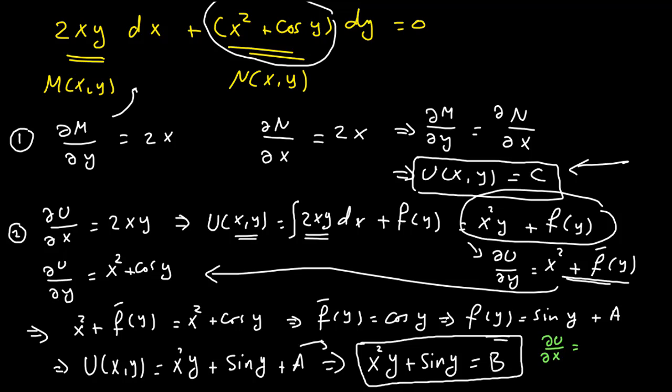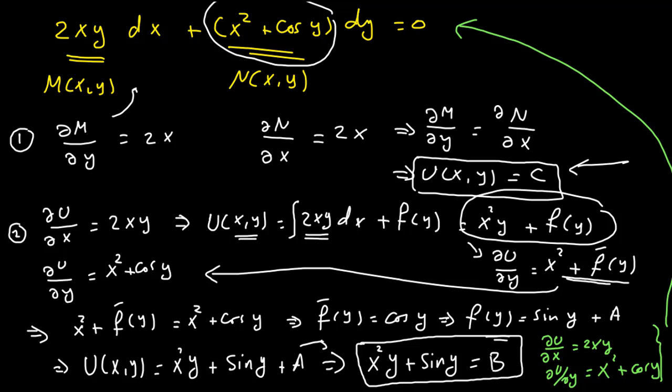When we differentiate this one here, we will get 2xy, and partial u by partial y will be, the first term here will be x squared, and the differentiation of sine y with respect to y will be cosine y. So if we compare these two results with the given functions m and n, we will find that partial u partial x equals m and partial u partial y equals n, and so our solution is correct.